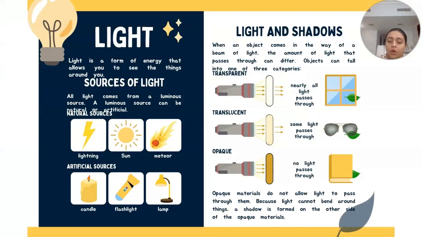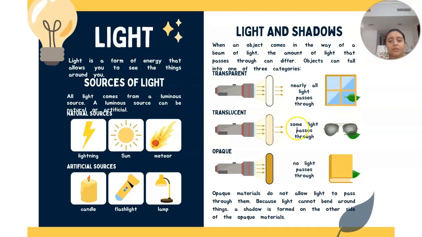Apart from opaque objects, we already know that there are other objects through which light can pass, in three different ways. Those different objects we have already learned in the sixth class, and we are going to revise them. Objects can fall into one of three categories. Either they are transparent, which has the ability to let light pass through them.